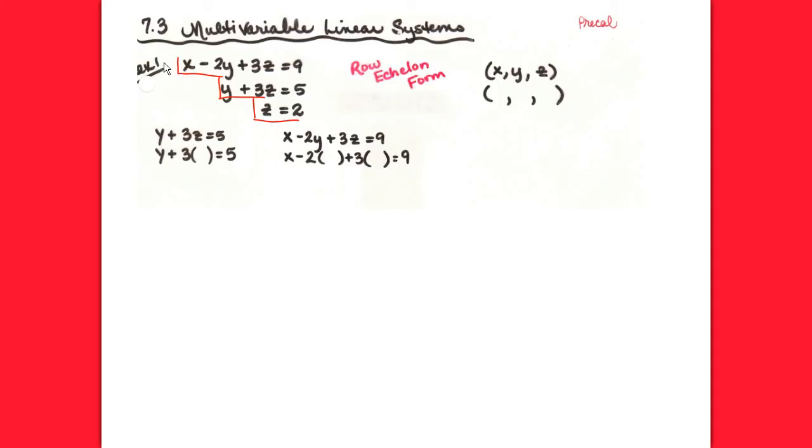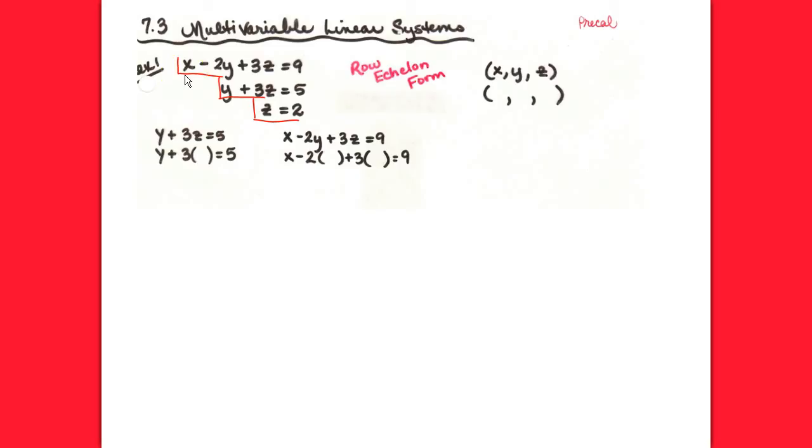What they mean by that is that if you already know that z is equal to 2, couldn't you plug that into this equation and then find y? And then once you knew y and z, couldn't you plug those into this top equation and just find x? So that's what we want to do.